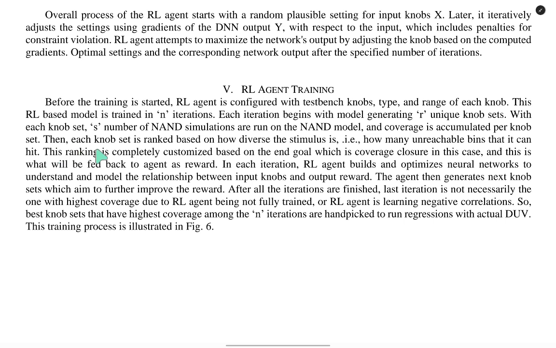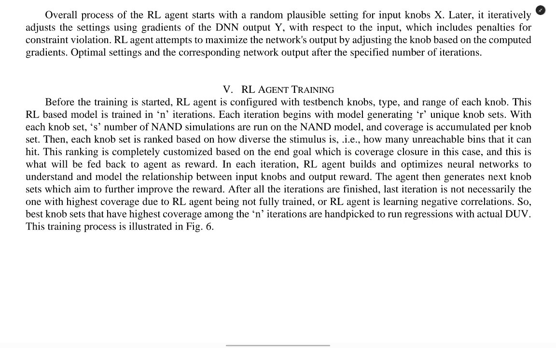Each node set is then ranked based on how diverse the stimulus is, that is, how many unreachable bins it can hit. This ranking is completely customized based on the end goal, which is coverage closure in this case, and this is what will be fed back to the agent as a reward.